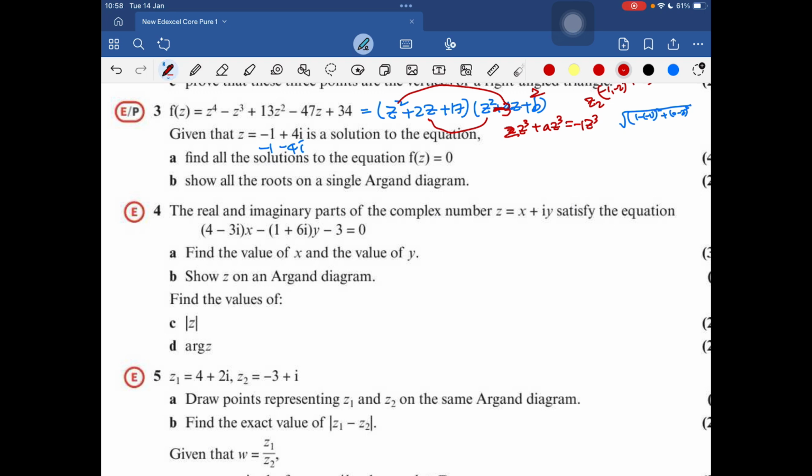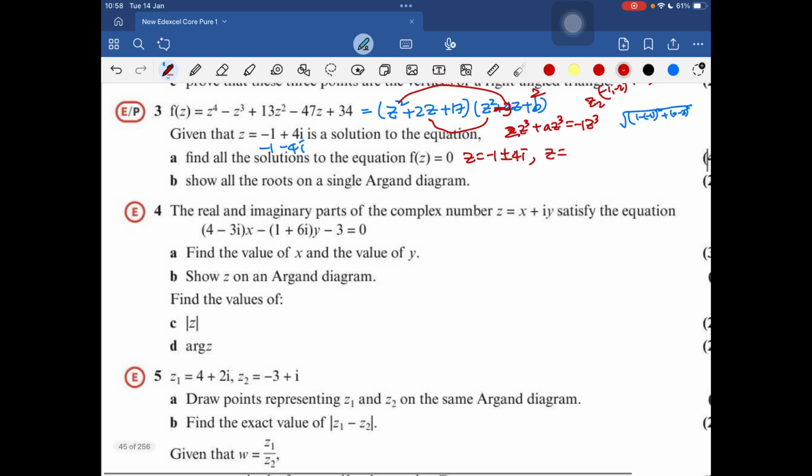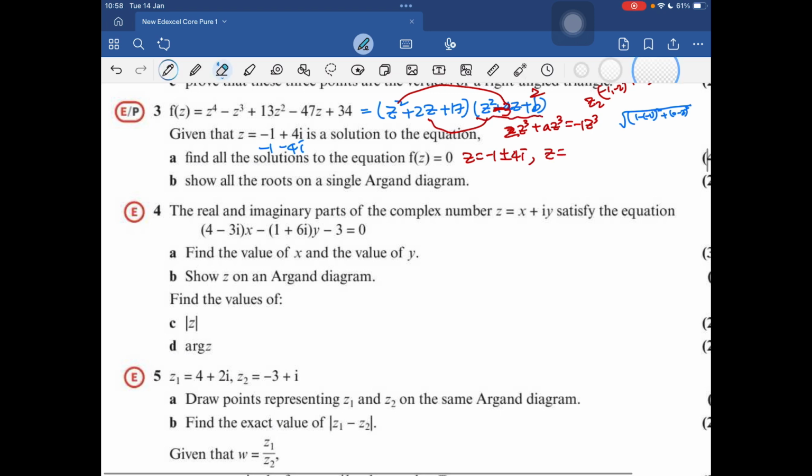So the solutions are z equals negative 1 plus or minus 4i, and for this trinomial, it is easy to factorize: z minus 1, z minus 2.